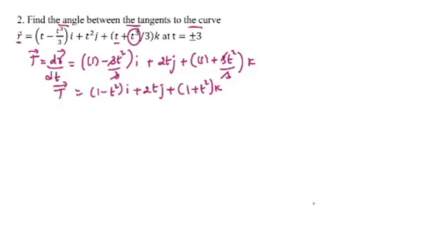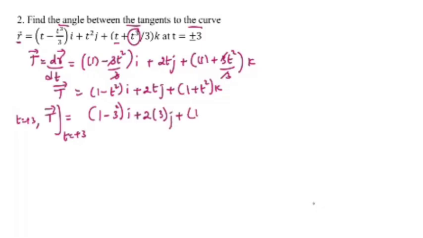Now we have to find the tangent of the curve at the point they have given, at t equals plus 3. So we have to substitute in place of t as plus 3. So that will be 1 minus 3 square into i plus 2 into 3 into j plus 1 plus 3 square into k.